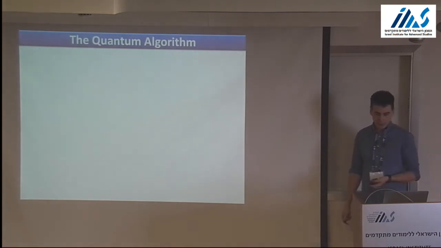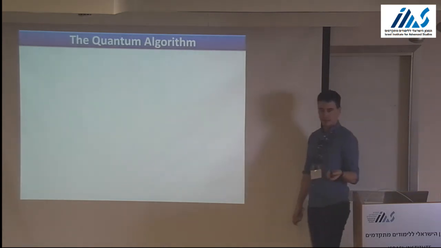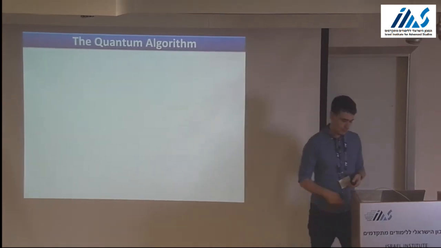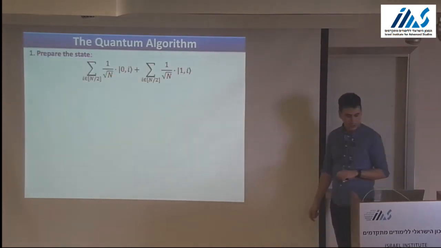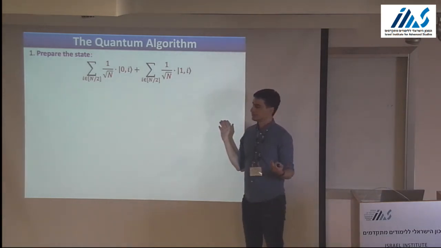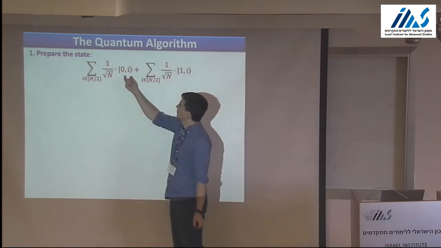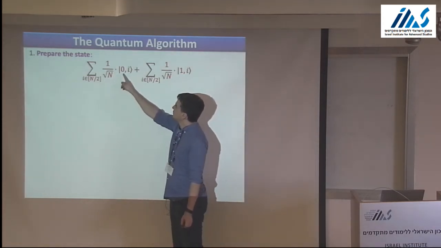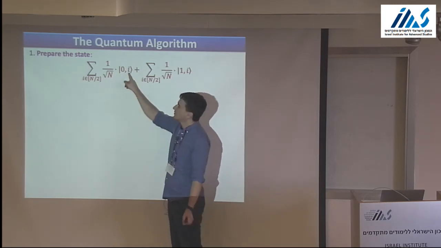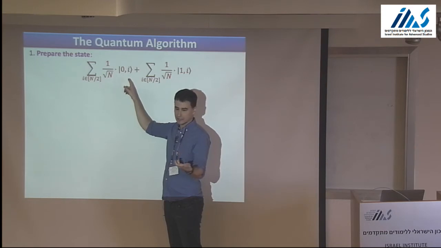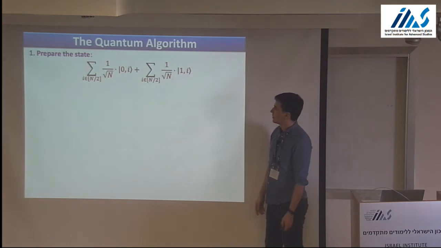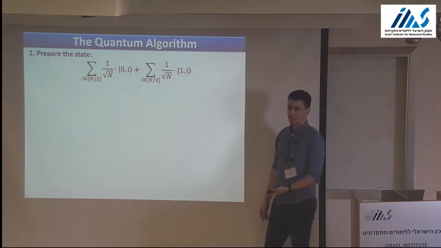So what is the algorithm? It's very simple. It's similar to algorithms that Adam showed in his talk. So I'm going to first prepare a state in superposition over all the locations of the strings. I'm denoting the location of the string as a tuple, where the first bit indicates if I'm looking at the x part or the y part, and then an index into this part of the string. So I can prepare this state in superposition, and then I want to query the input.